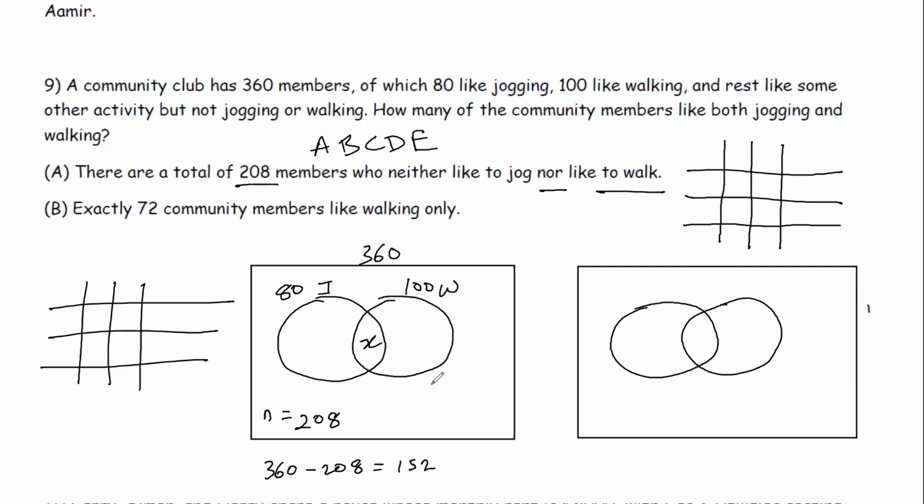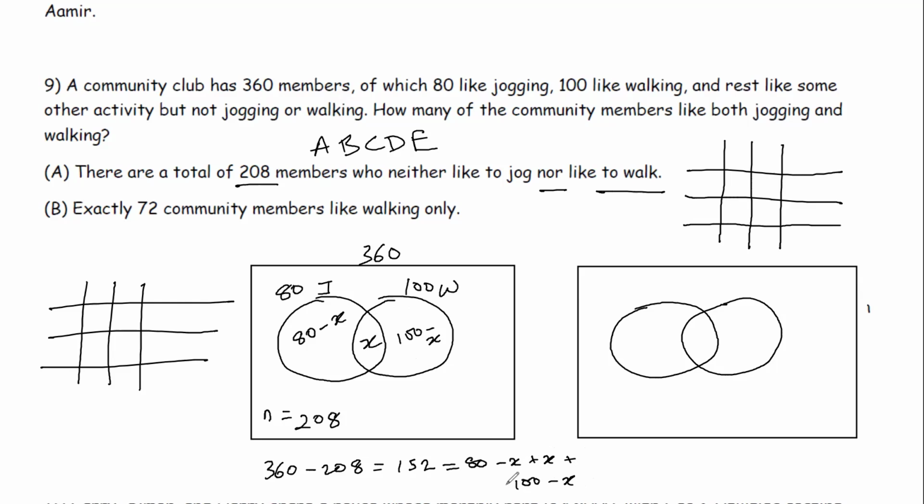So now you can use the formula this way: this region, 100 minus x, is only walking, x is both, and 80 minus x is only jogging. So if you add them all up, it should be equal to 152, which is 80 minus x plus 100 minus x.